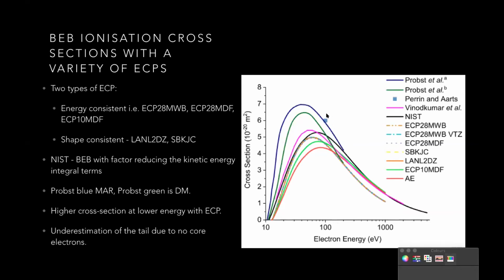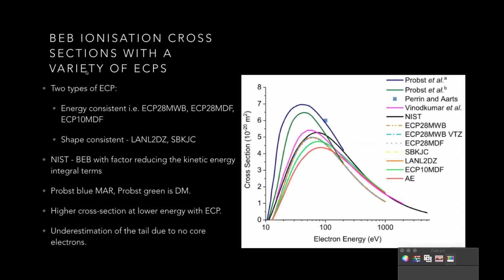So unfortunately for this molecule, there is only one experimental data point, but we have compared to other theory. This black line here is a NIST result, which is a BEB calculation where the kinetic energy integrals were divided by 3 to account for this overestimation of the kinetic energy terms.